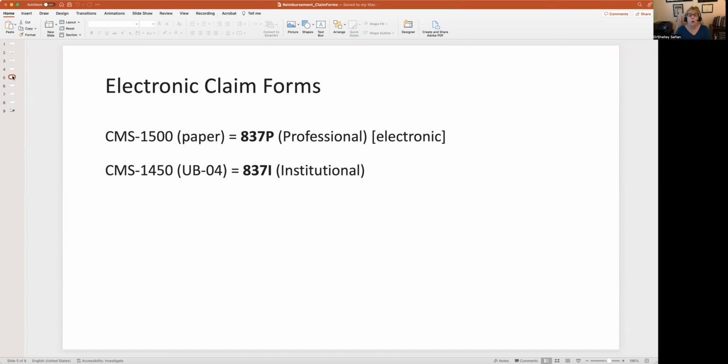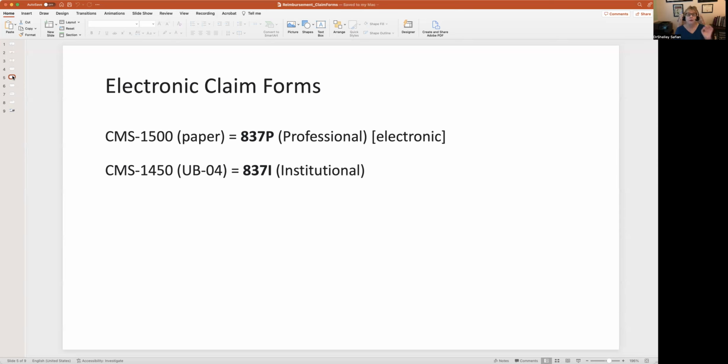So it is important that you check with your third-party payer at least once a year, because they're not going to change it more often than that. And just make sure that you have updated software that is going to enable you to complete and submit the correct claim form.